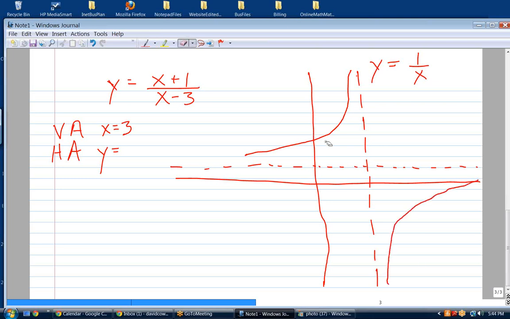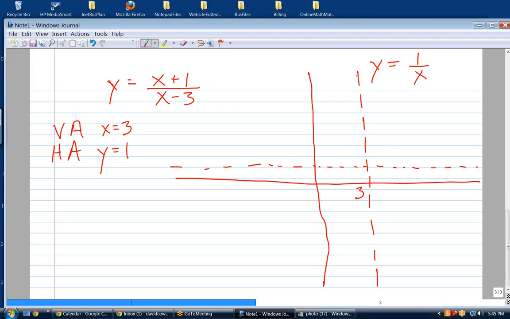So all we have to do is find one point on this graph and we'll be able to determine what it is. So pick an x value to the right of the vertical asymptote and let's figure out what y is. Put that point on there and that'll tell us which quadrants we're in.